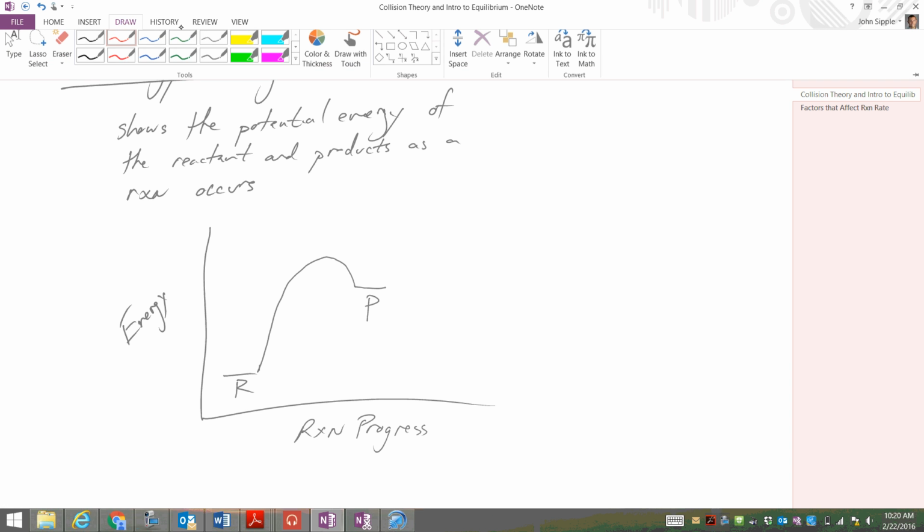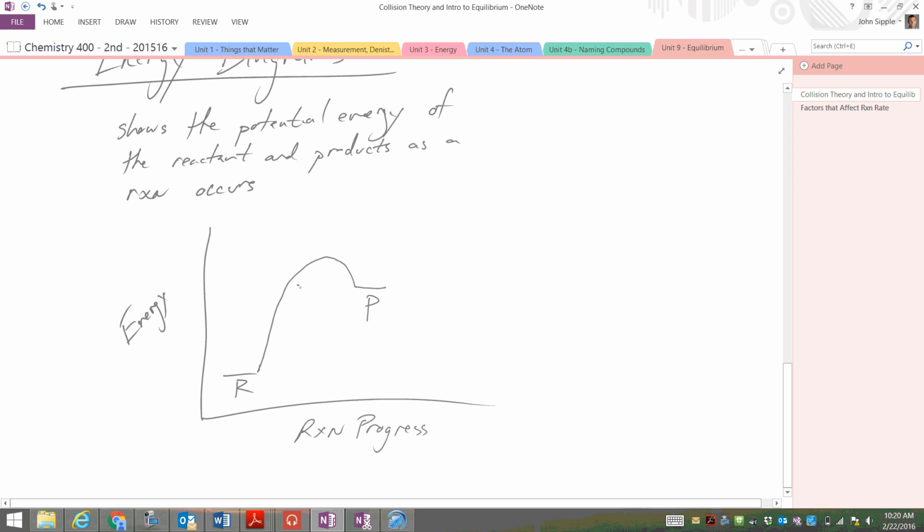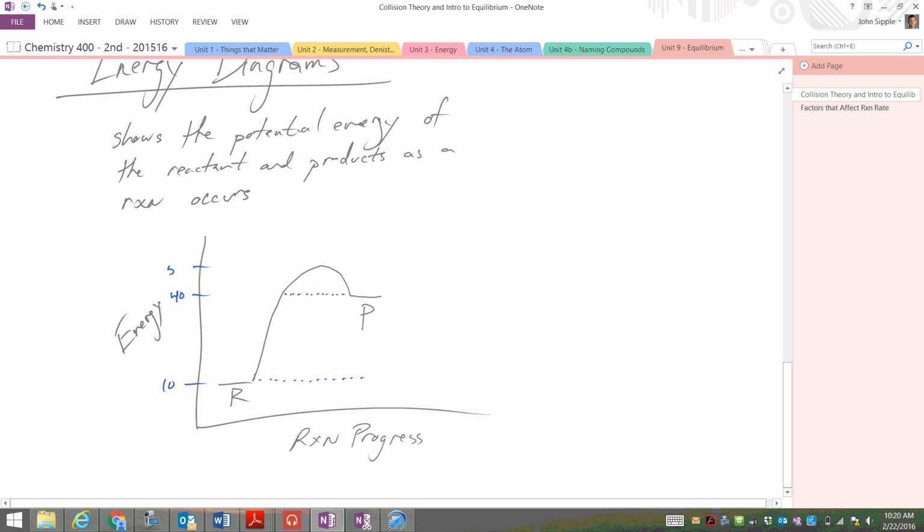I want to put a couple of lines in here to show the level of the products and the level of the reactants. I'm going to say the reactants are at 10, the products are at 40, and the top of the peak is at 50. It could be joules, whatever the unit is, it doesn't really matter. It's kind of relative.